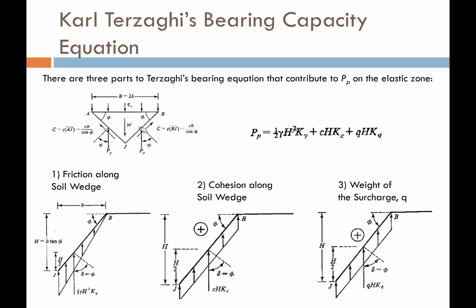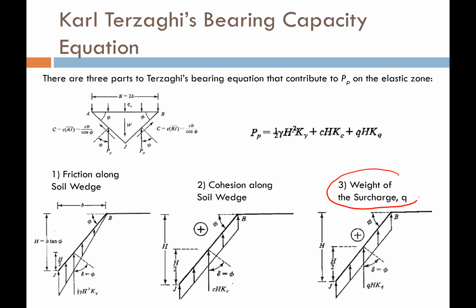And because cohesion is independent of the effective stress, it's going to be a uniform pressure along that failure plane. So to compute the area from that pressure, it's just going to be cohesion times the height, or the depth of our elastic zone, and we're going to multiply it by a different earth pressure coefficient, in this case K sub C.